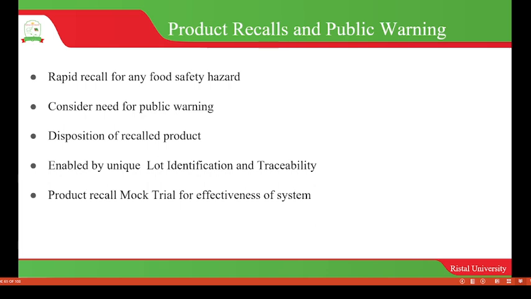The next area covered by good manufacturing practices is product recalls and public warning. Product recall is mainly done after a food safety hazard is realized after a product has been manufactured or produced, and this can be identified before the product reaches the consumer or after the product reaches the consumer.